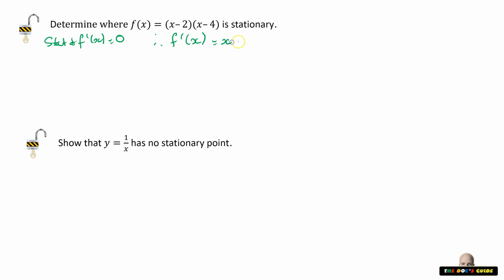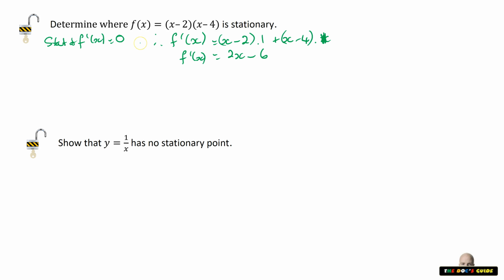Since it's written as a product, put down the first, multiply it by the differential of the second, plus put down the second and multiply it by the differential of the first, which is 1. So that will give us x plus x is 2x, and minus 2 minus 4 is minus 6. So f dashed of x equals 2x minus 6.